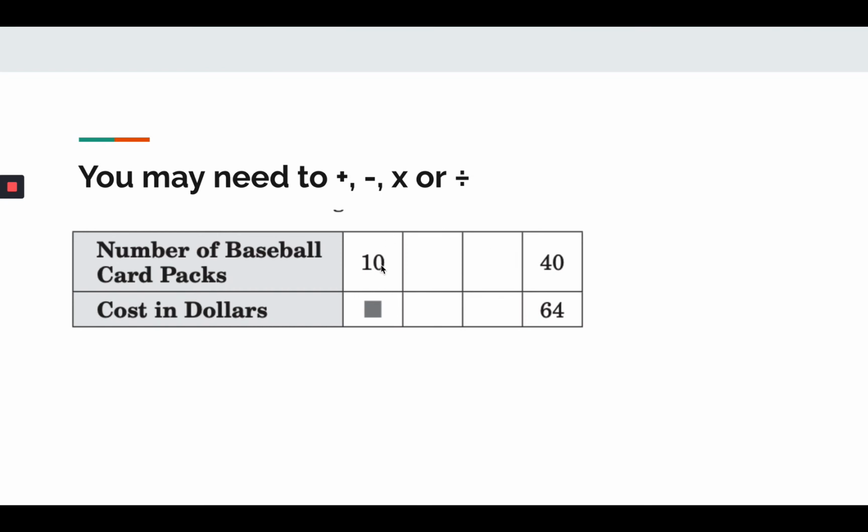What this says is, I have 10 baseball card packs. I don't know how many dollars that was. But I know that 40 packs of cards cost me $64. So in this case, I just need to get this 40 to turn into a 10. So what do I do to 40 to turn it into a 10?